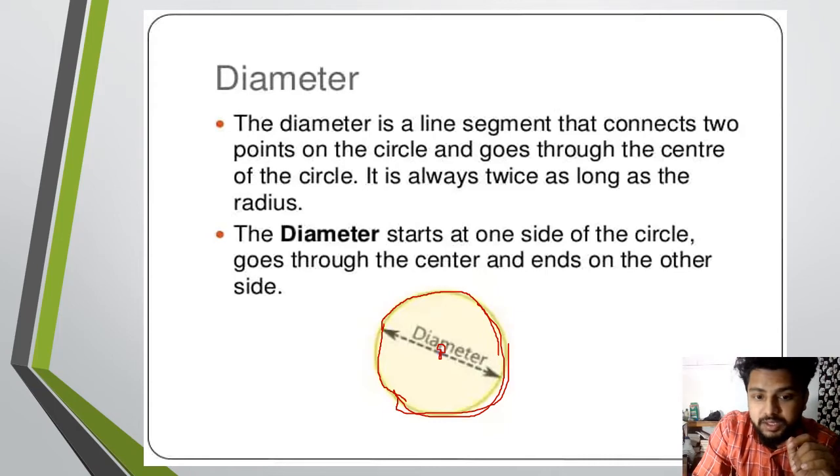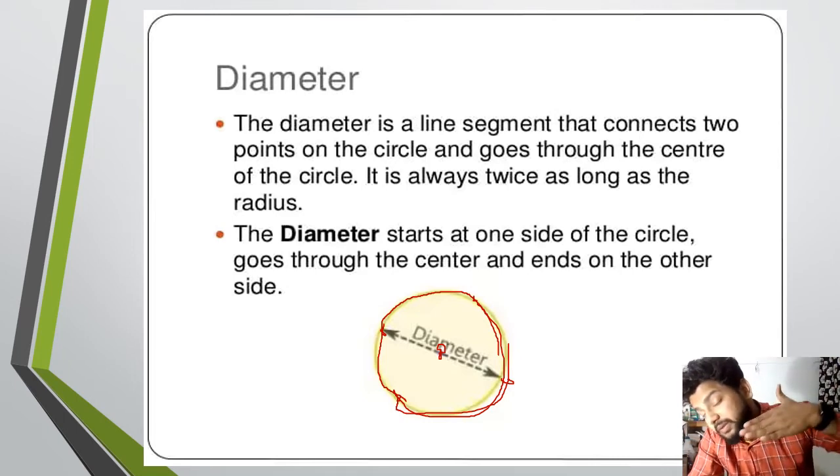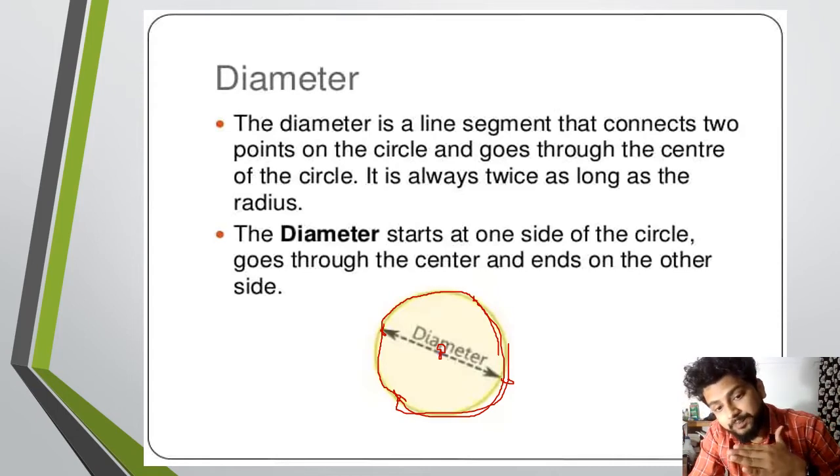When you are trying to join these two points, or any two points of the circumference, it must pass through you, meaning passing through the center of the circle. It passes through the center of the circle.